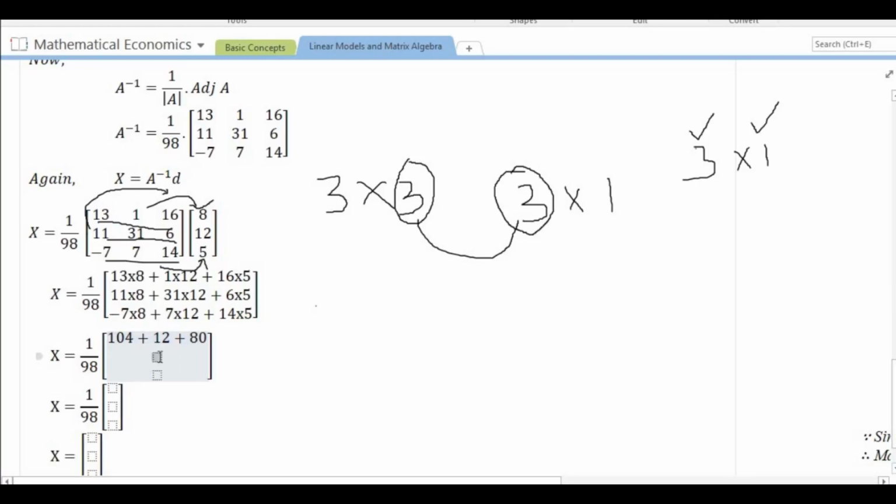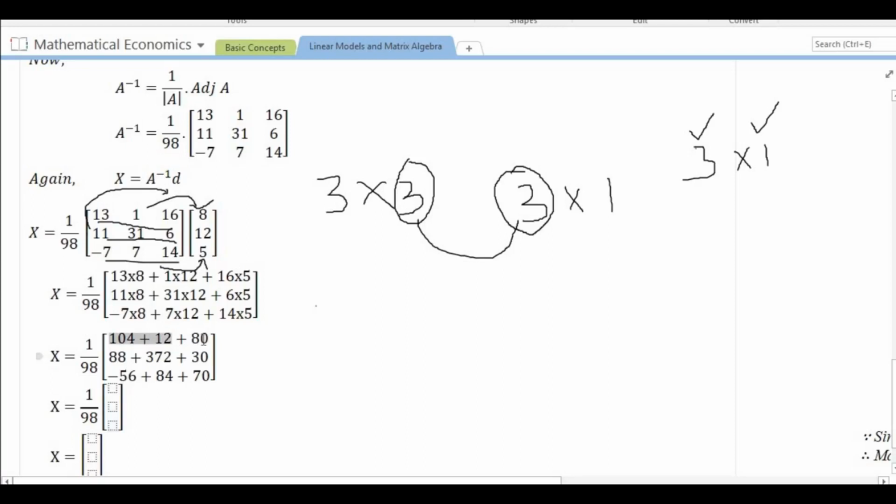For the second row, 88 plus 31 times 12 equal 372 plus 6 times 5 equal 30. The last row, minus times plus is minus. 7 times 8 equal 56 plus 7 times 12 equal 84 plus 14 times 5 equal 70.